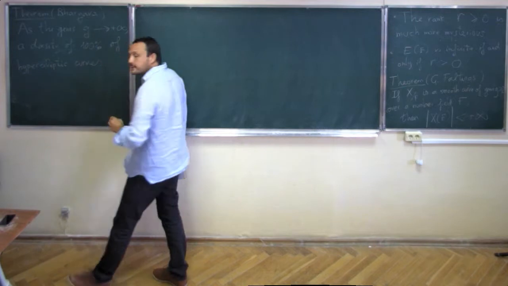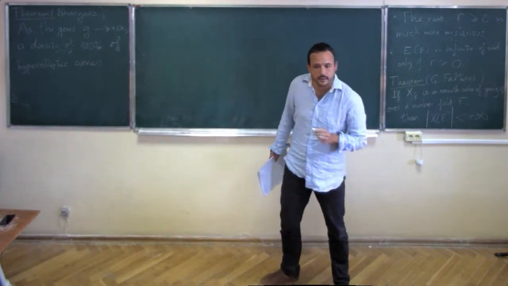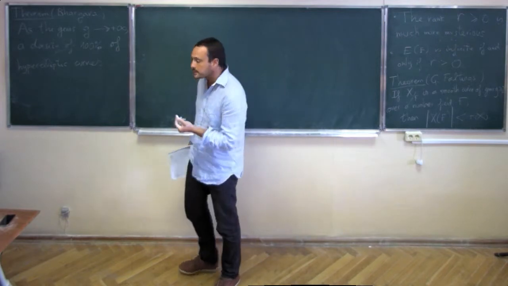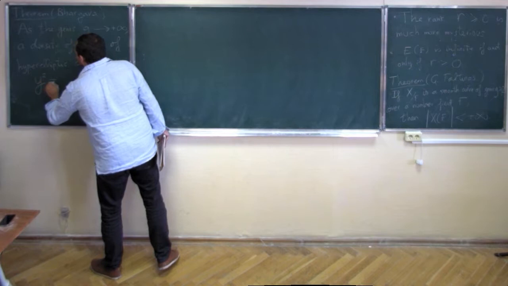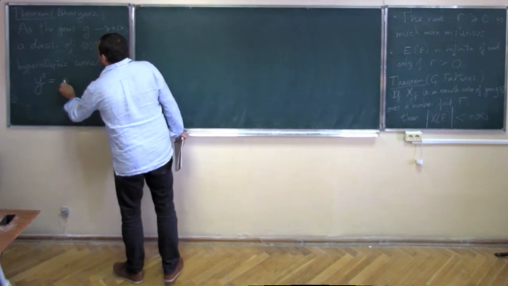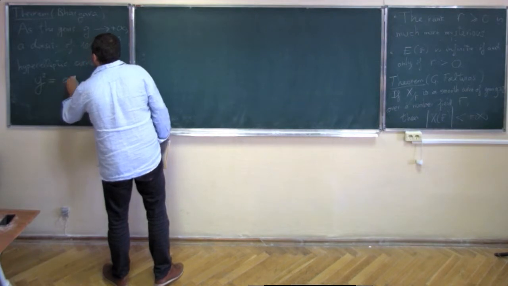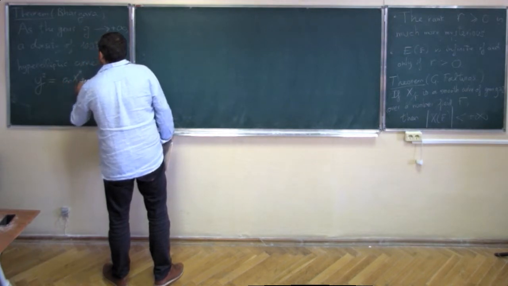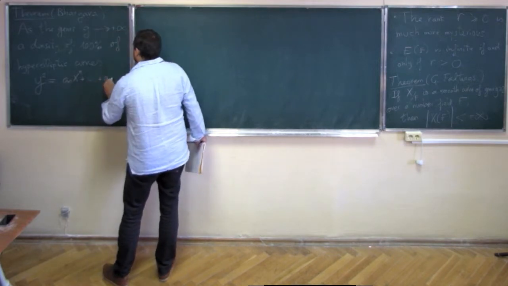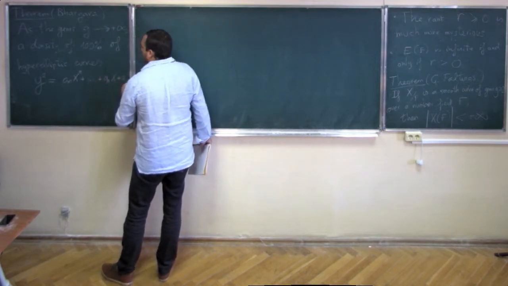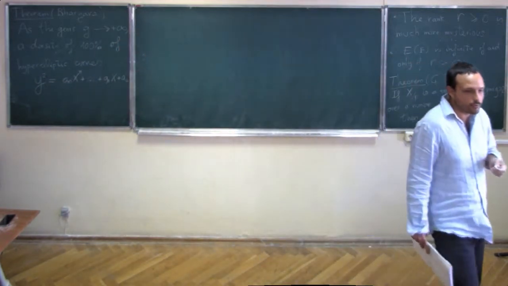A curve is called hyperelliptic if it can be described by the following simple equation: y squared equals any polynomial in x of any degree.